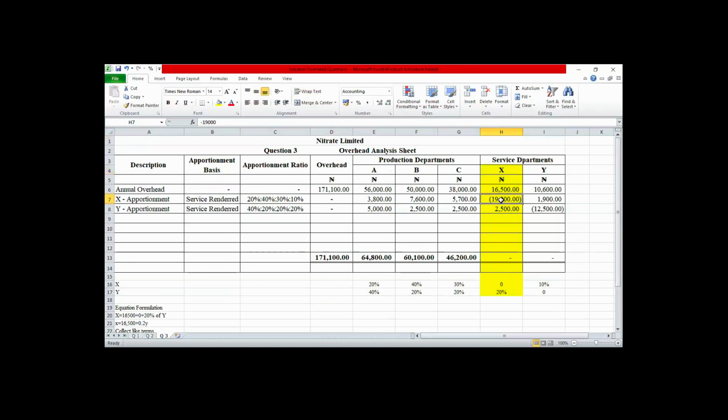Before, what we had there was 16,500, 0 and 20%. We now say X is equal to 16,500 plus 0, and the portion of X is also added, which is 20% of X.